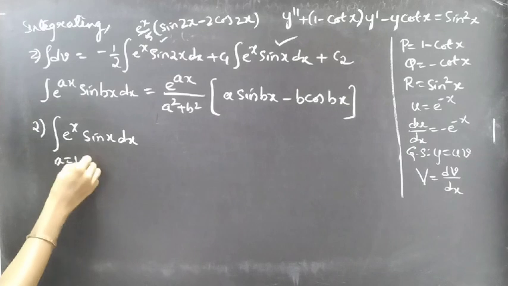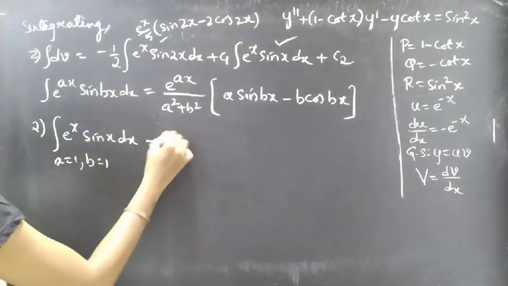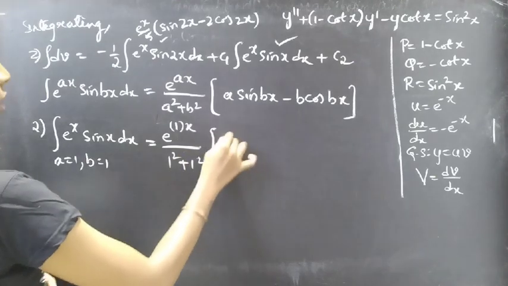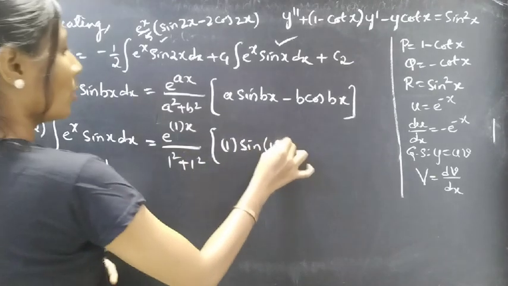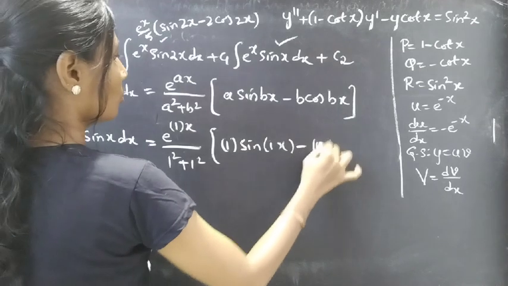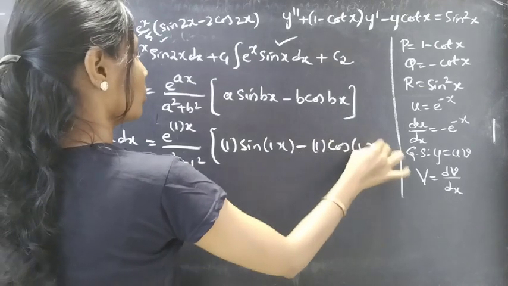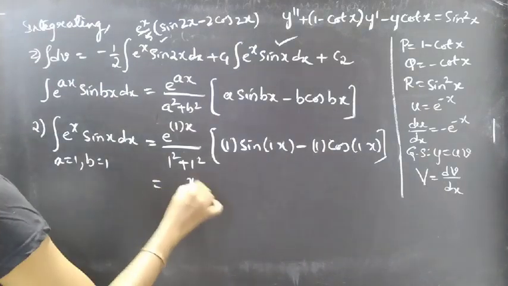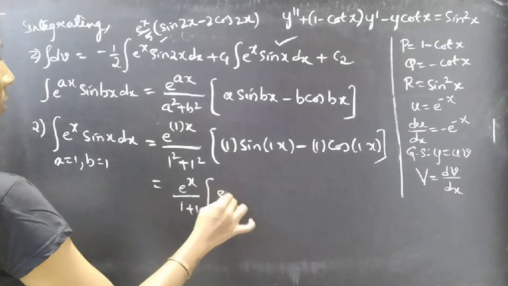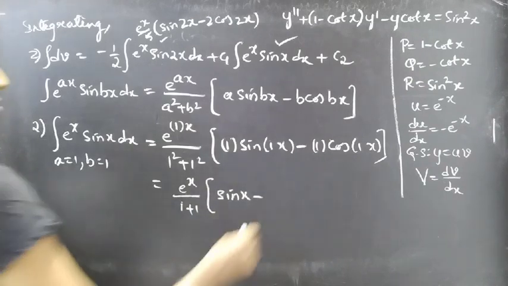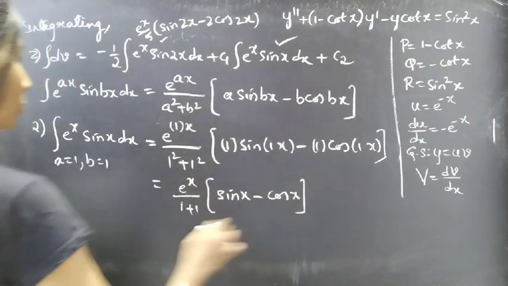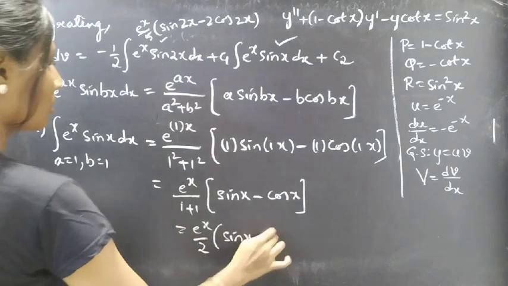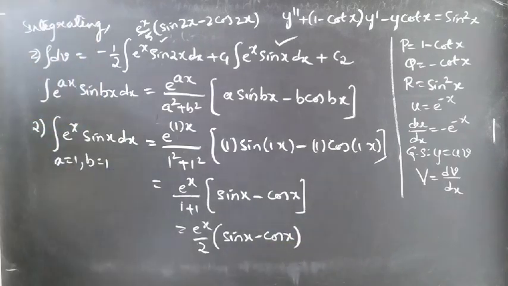Then for a equal to 1 and b equal to 1, we'll get e power 1 into x by 1 square plus 1 square into 1 into sin 1 into x minus 1 into cos 1 into x, which equals e power x by 1 plus 1 into sin x minus cos x, which equals e power x by 2 into sin x minus cos x.